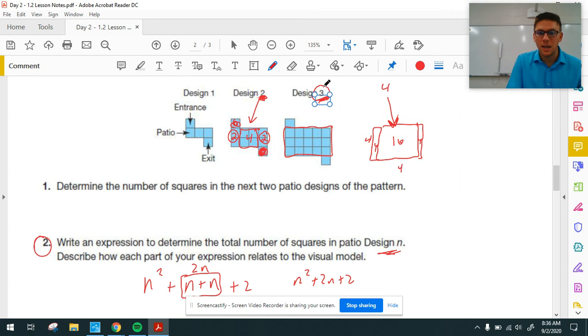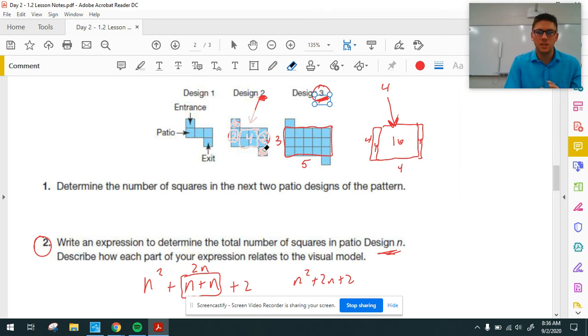Design 3 has a 3, which is n, by 1, 2, 3, 4, 5. Well, that's 2 more than n, n plus 2. Okay, so we're looking at not squares, but rectangles.